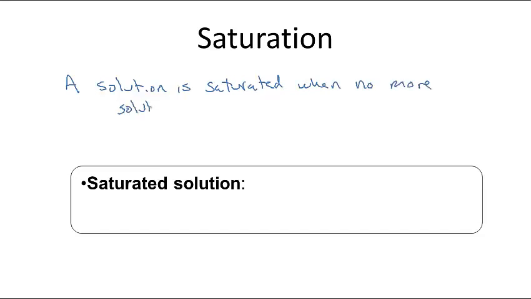So, a solution is saturated when no more solute can dissolve. When you were making your salt and sugar solutions, you kept pouring it in, and it would dissolve. At some point, no more solid would dissolve.